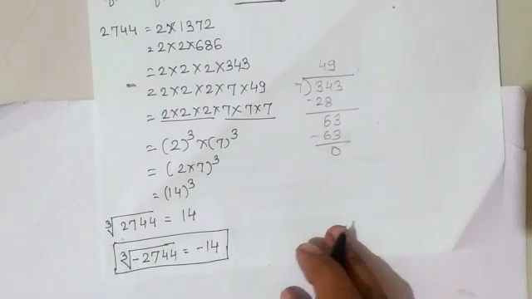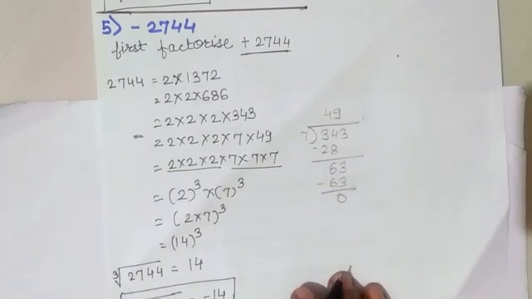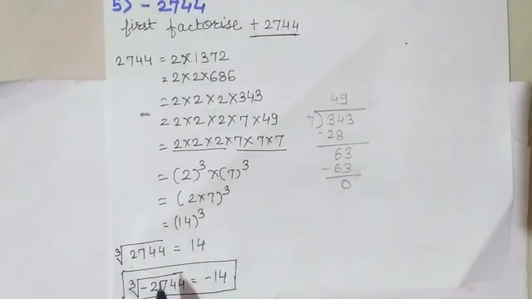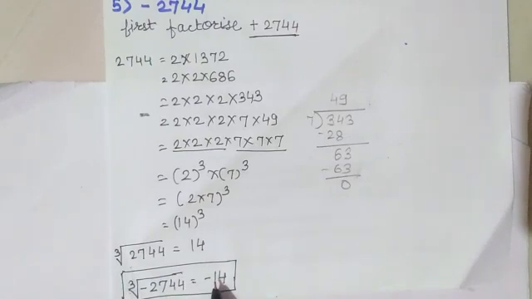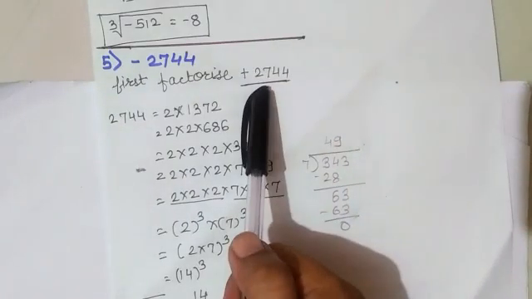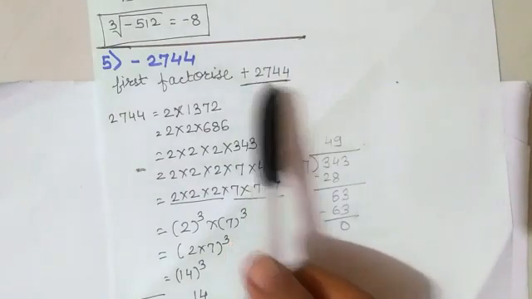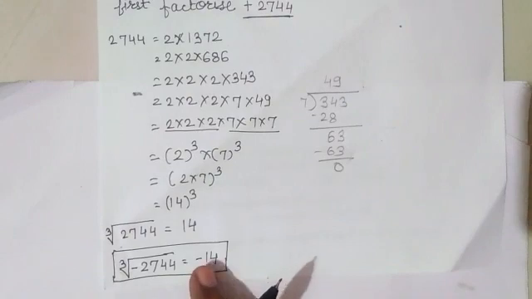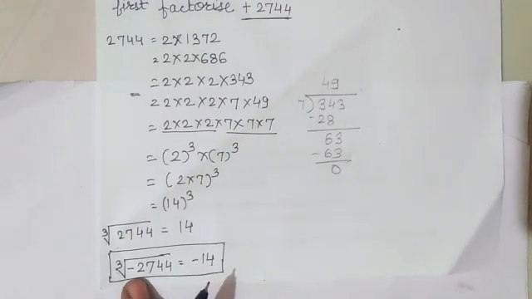Students, always remember that if you solve the sum this way, but you have not written the negative symbol in the final answer, then your marks may be reduced. So it means that here we are factorizing the positive number, but at the end we must use the negative symbol towards the answer and even the question also.